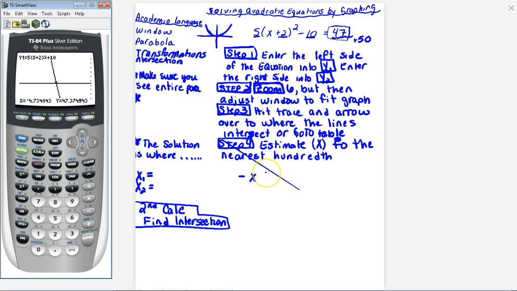Negative x squared plus x plus 4 equals 7. And look, that negative means the parabola is going to be upside down, right? Because it's reflecting it over the x-axis. So call me over when you're done with that, and I will check your work.